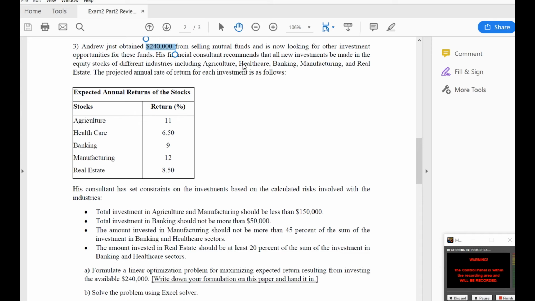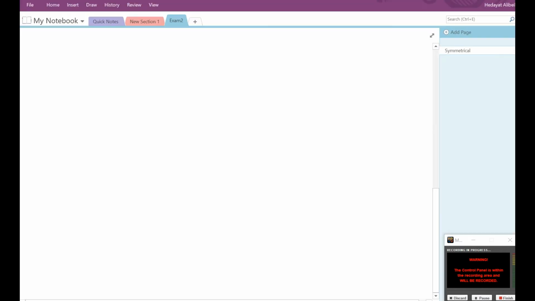So his decision, let me write down here. The decision that he needs to make is how much money to invest in each industry.